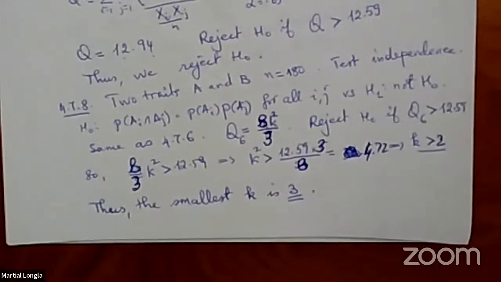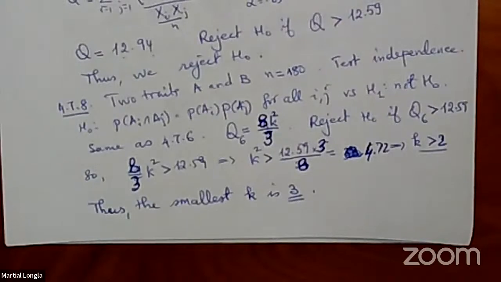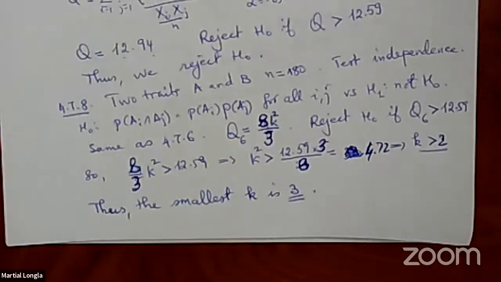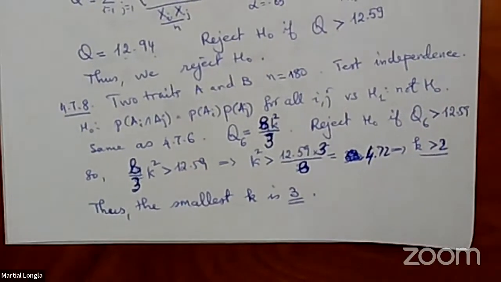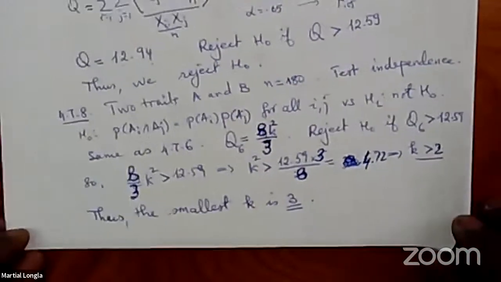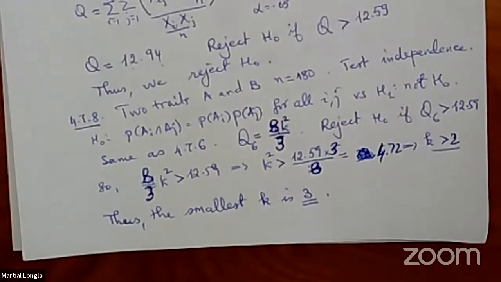Now that's the last question of this set. It's a question that is exactly of the kind we have here, test of independence. So it's 4.7.6, same as this one. The only difference is that somehow we put in the formula a K, and the question is for you to find the smallest possible K such that you will reject H naught.